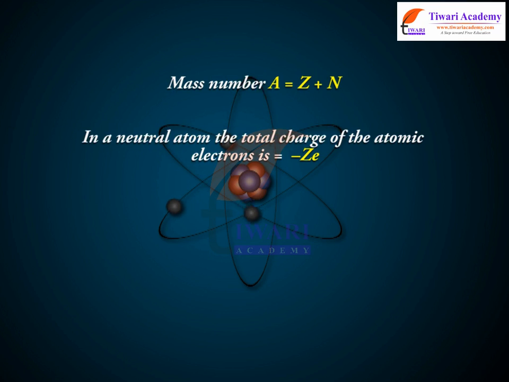The mass of a neutron is now known to a high degree of accuracy. It is Mn equal to 1.00866 U, which is equal to 1.6749 × 10^-27 kg.